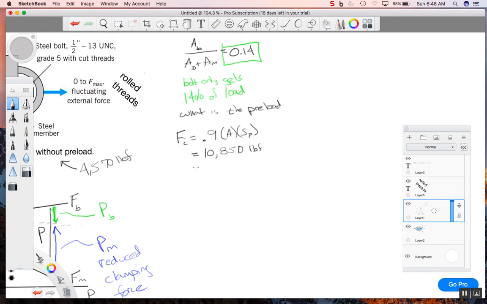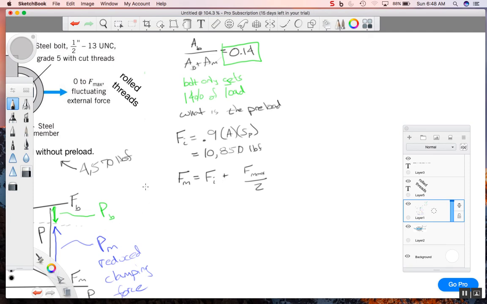So again, I know that my median force, Fm, equals, it's going to take all of the preload, right, plus the force that I apply, F max, over 2, right? Why is that?